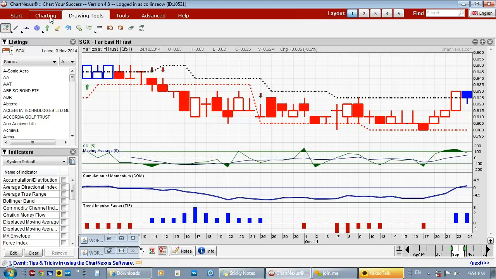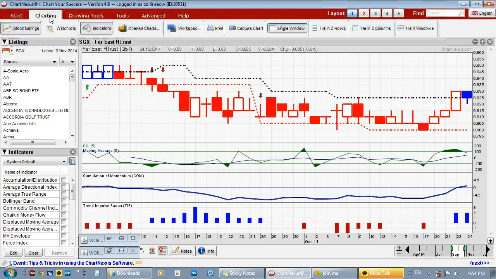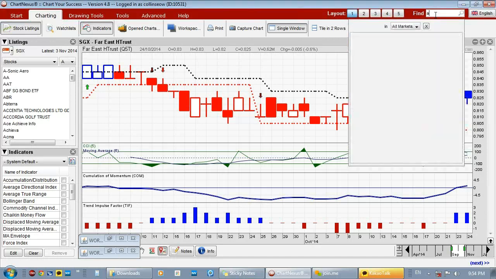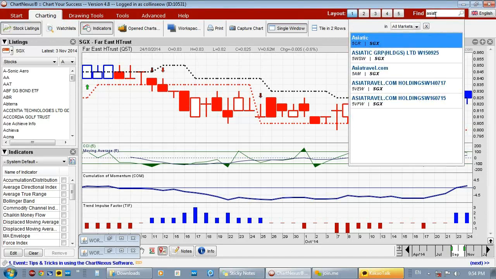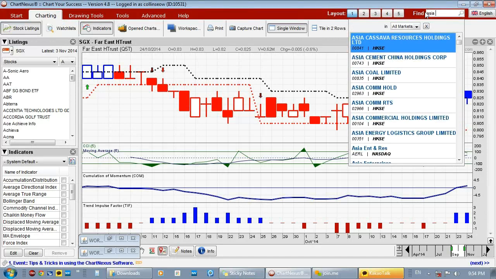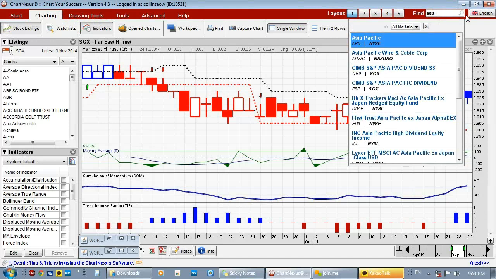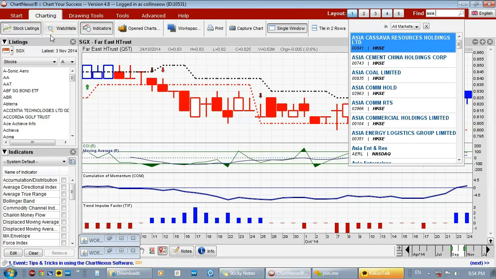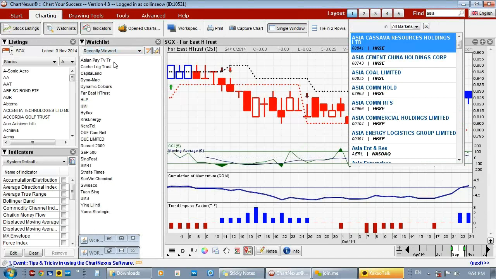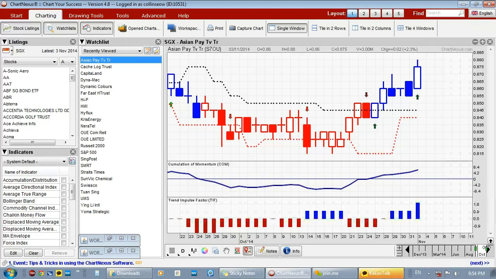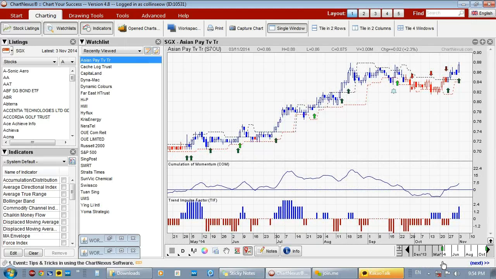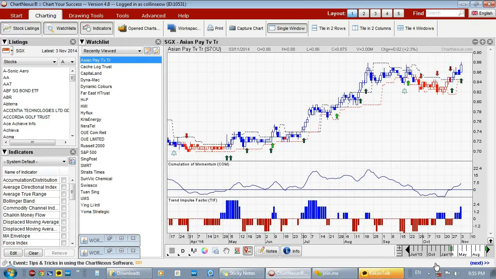For Asia Pay TV, it's also a trust, but we can see from the chart that it is not as sideways as the Far East Hedge Trust.